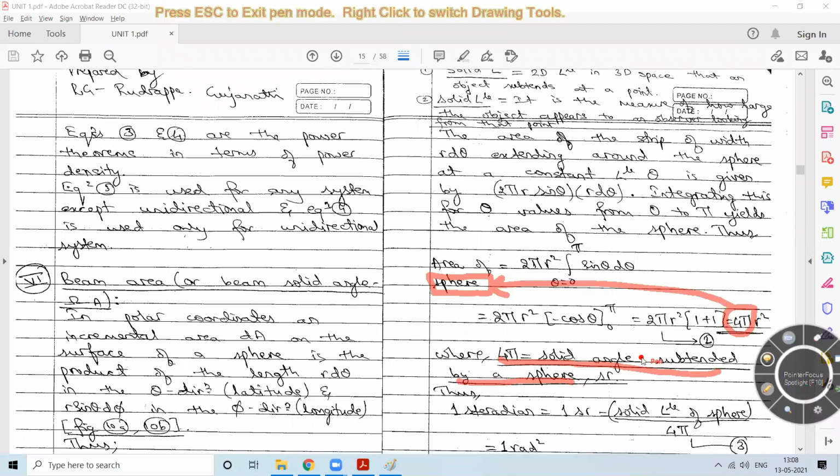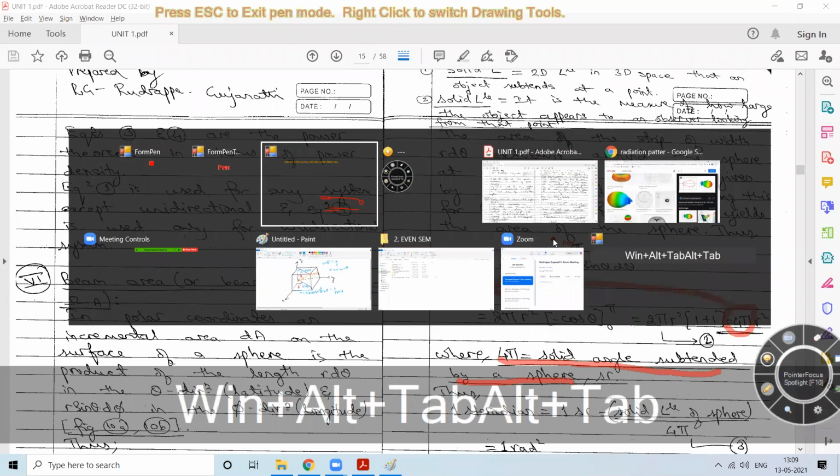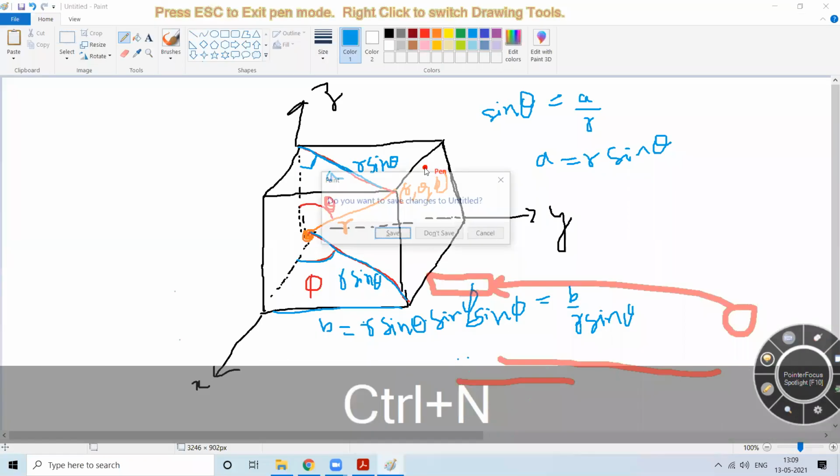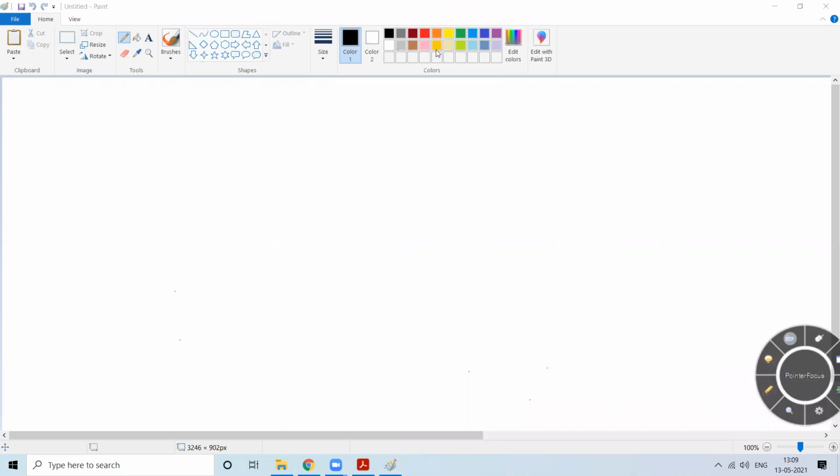So 4 pi is the solid angle which is subtended by the sphere. And what is the unit of solid angle? The SI unit of solid angle is steradians.